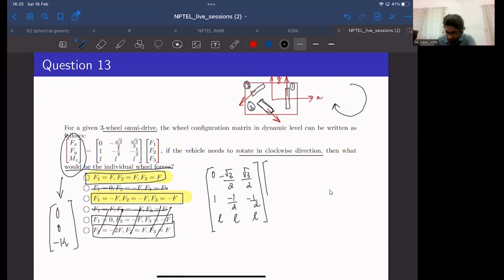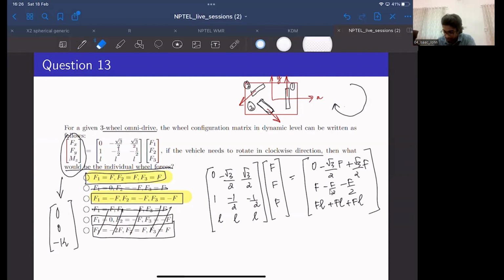So if you are going by the first option, where all three forces are positive F, if you multiply this out, what will we get? We'll get 0 minus root 3 by 2 F plus root 3 by 2 F. The second row would be F minus F by 2 minus F by 2. And the third row would be FL plus FL plus FL.